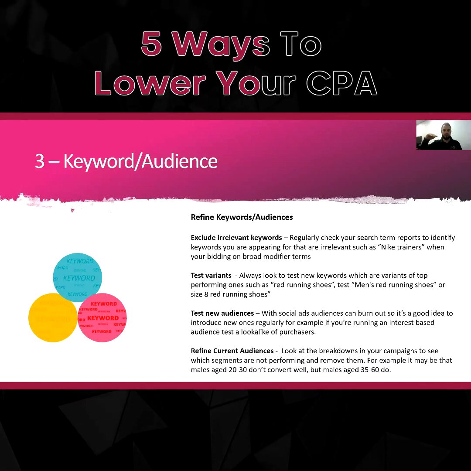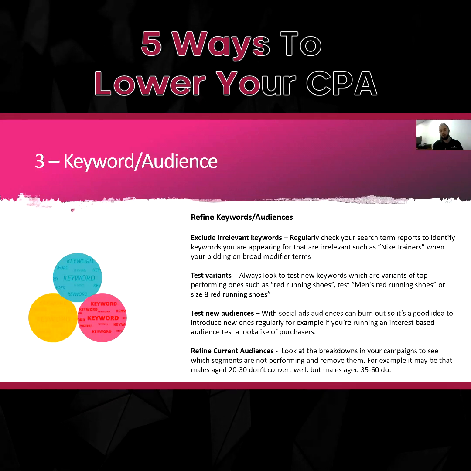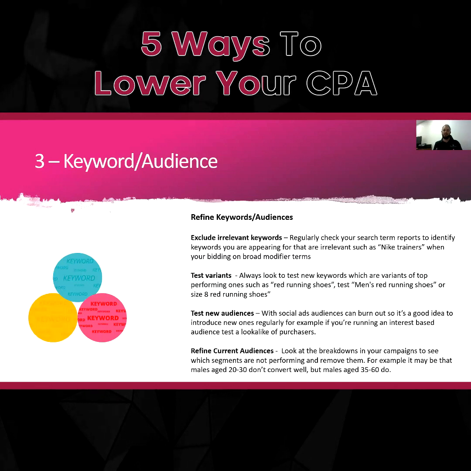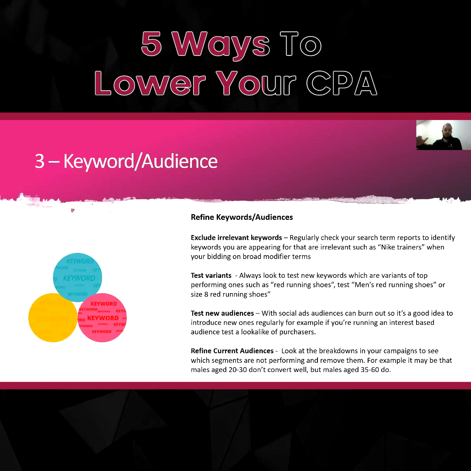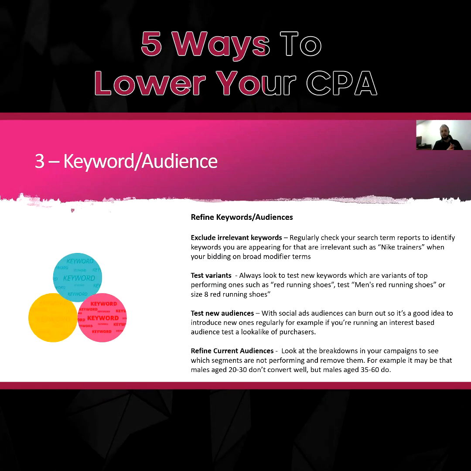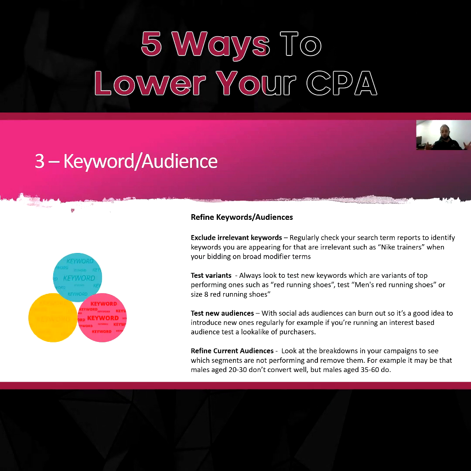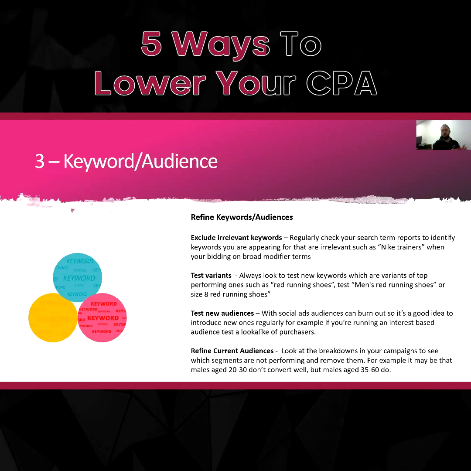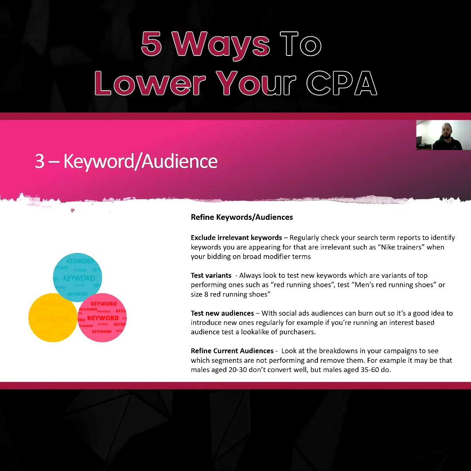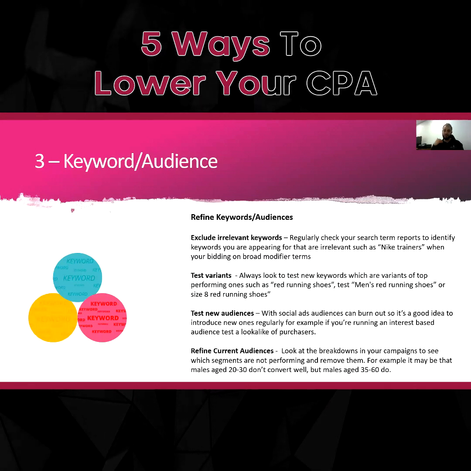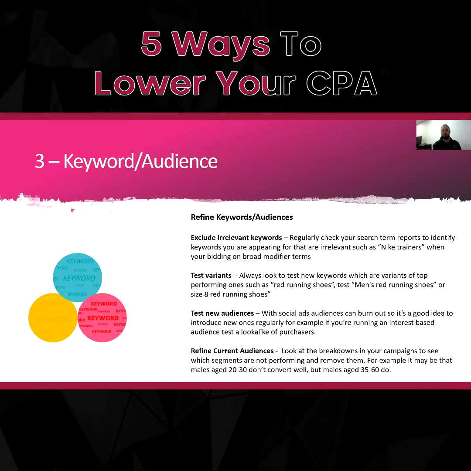You can take a list of those email addresses of people that have converted, upload them to Facebook, and say, Facebook, go and find me other Facebook profiles that are very similar to these purchasers. So now essentially what you've got is a far more refined audience of people that are more like the people that have purchased off you before. So you're driving more refined traffic to your website. That's a great way to improve your cost per acquisition.